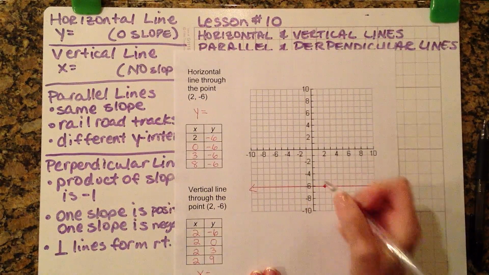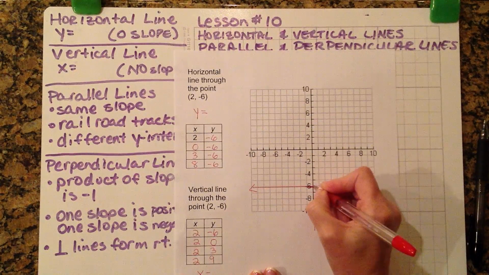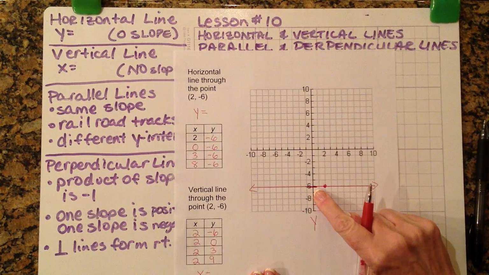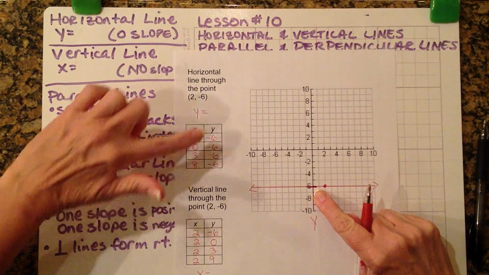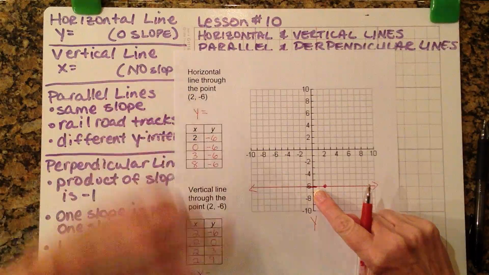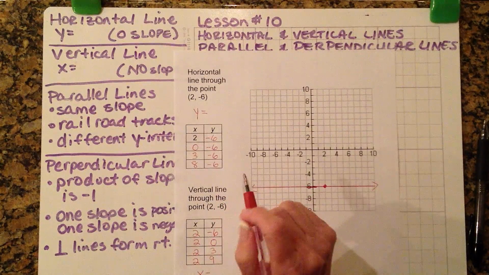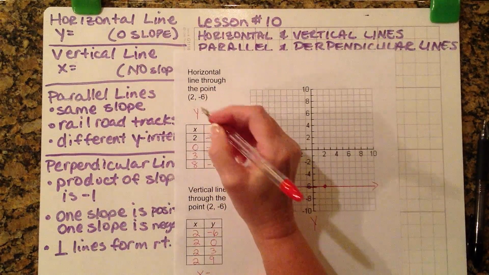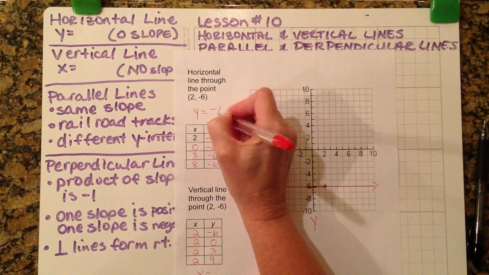When I drew that line, I went through the y-axis at the point negative 6. And I graphed some points here, and notice how negative 6 is constant in my table here. So the horizontal line through the point 2, negative 6 is y equals negative 6.